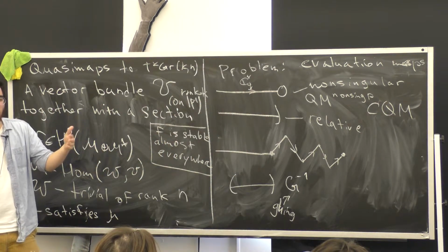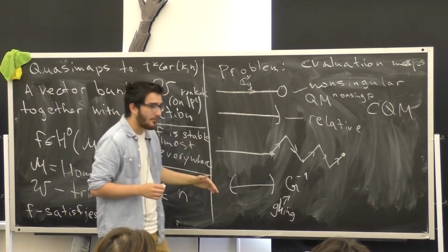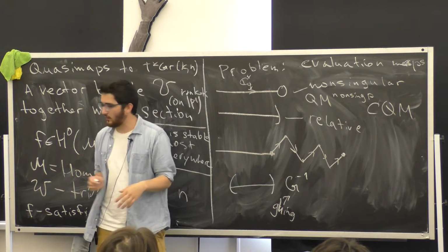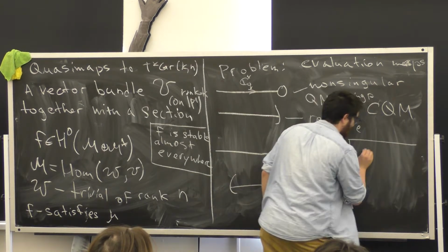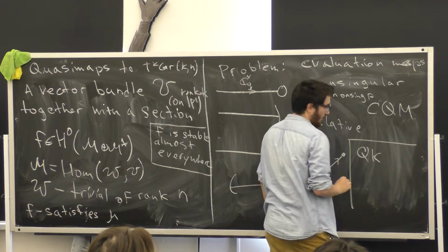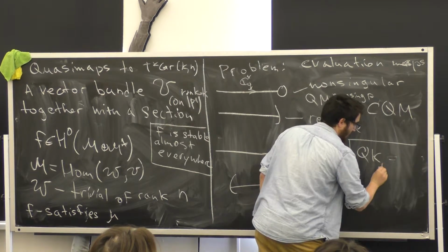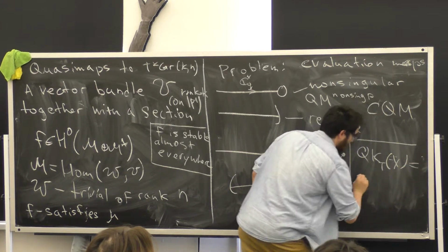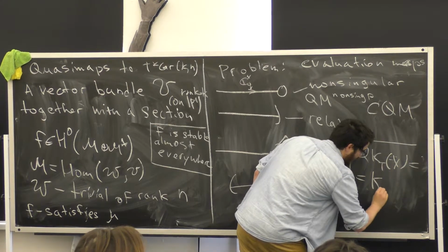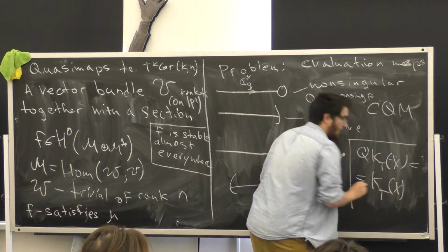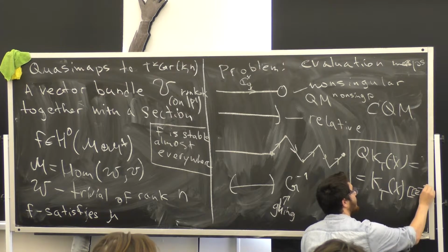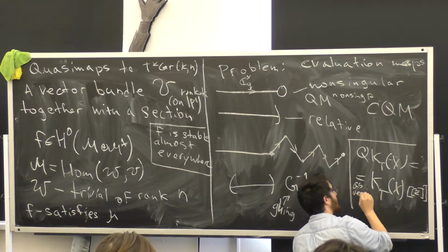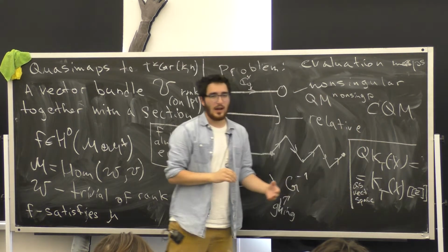And quantum K-theory is the same vector space with the extra parameter Z. So quantum K-theory of X is, as a vector space, the same thing as the covariant K-theory with an extra parameter Z. But the product now is deformed.